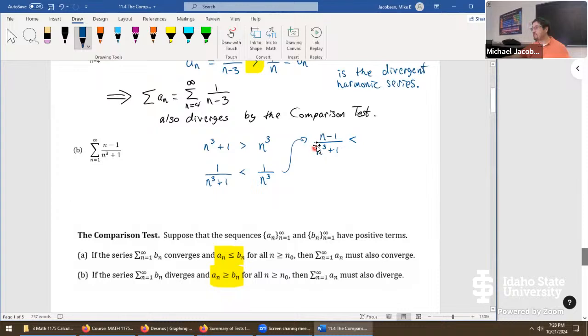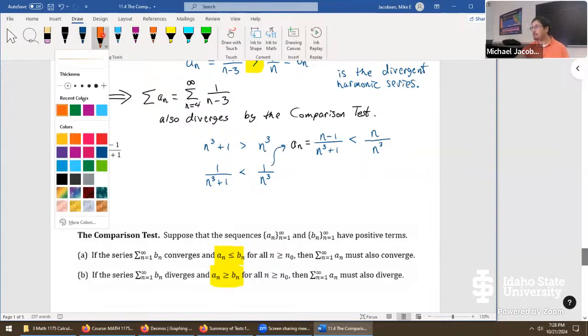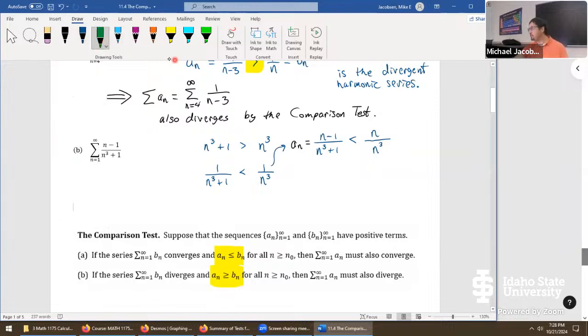We want to say less. We already know that the denominator with a less than is resolved if we put in n cubed. But what about the numerator? N minus 1 is definitely less than n, so that is an easy way to estimate. We can still just say less than across that way. But once we get to that step, we're now in business because that's an a_n on the left. And on the right, that's the thing we're comparing it to, b_n.